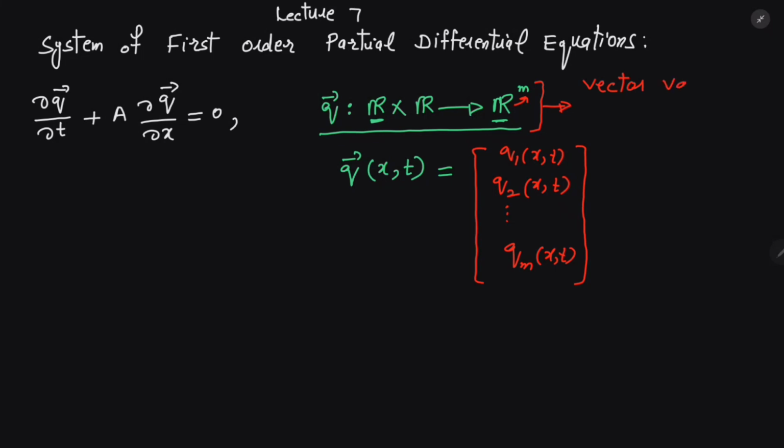Vector valued function is a famous definition in multivariable calculus, where you give an input as a real number and the output is a vector, then that function is called a vector valued function. On the other hand, if Q depends on x and t, but the output is a scalar value, then that function is called a real valued function.